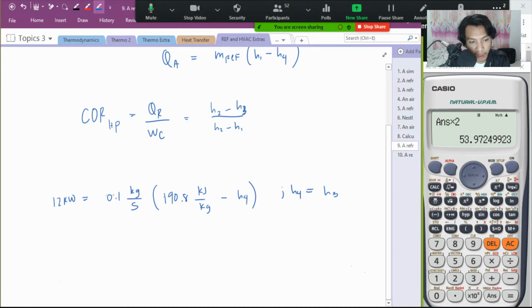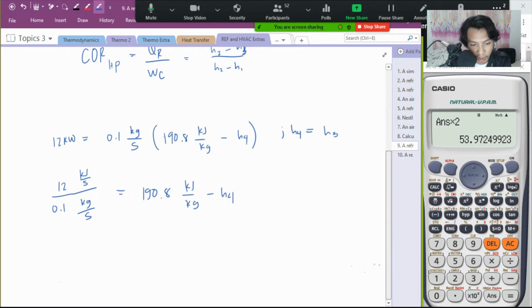So, hanapin natin algebraically. That is 12 divided by 0.1. This is kilojoule per second. This is kilogram in every second equal to 190.8 kilojoule per kilogram minus H4. So, H4 ang hinahanap natin. Therefore, H4 is equal to 190.8 minus 12 divided by 0.1 kilojoule per kilogram.